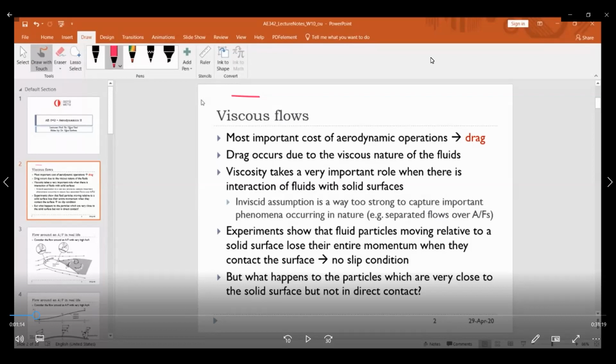And also another significant effect of viscosity that we experience on aerodynamic bodies, flying vehicles, is the concept of flow separation and stall. So those are all viscosity related effects. So the rest of the semester is basically going to be focusing on this.